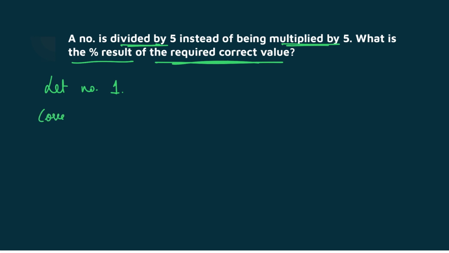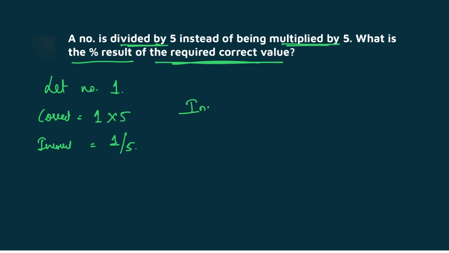So the correct value is, the number should be multiplied by 5, and the incorrect value is it is being divided by 5. So we have to find the percentage for the required correct value.